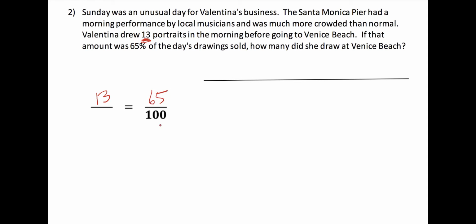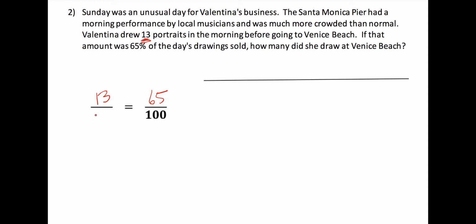So we now can find the whole, but we're not actually looking for the whole, are we? The question is, how many did she draw at Venice Beach? So we're going to have to find the whole, and then we're going to have to do another calculation in order to figure out how many she drew at Venice Beach.